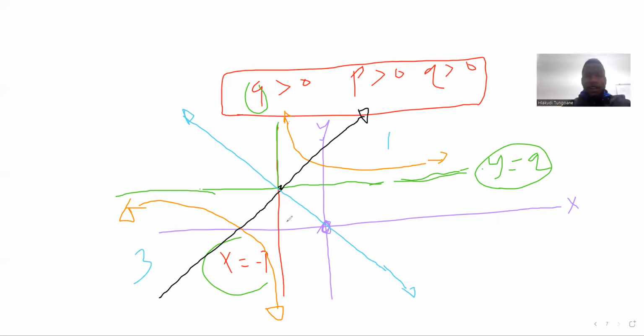Remember, whether the gradient is positive or negative, we see it by looking at whether, as X values increase, Y values are increasing. If that's the case, then it's positive. Otherwise, it's negative.